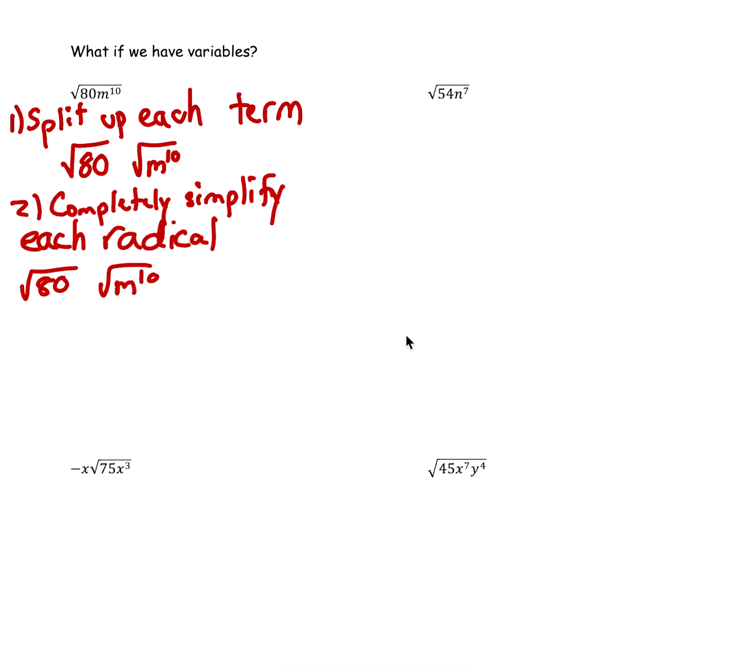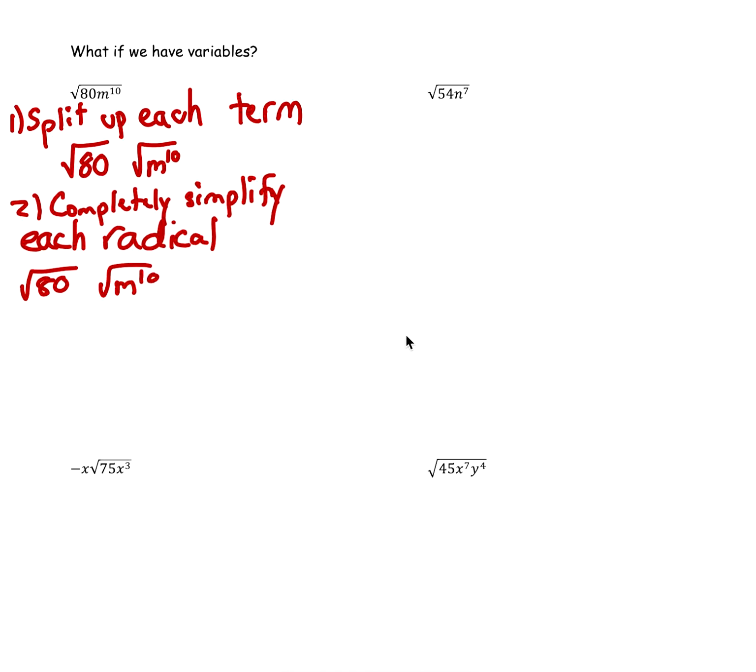But how about m to the 10th? So we have to ask ourselves, what number times itself is going to give me m to the 10th? Well, I know my base has to be m. And our exponents also need to be the same, because it needs to be the same exact value.